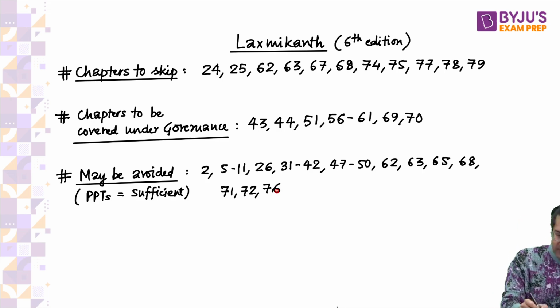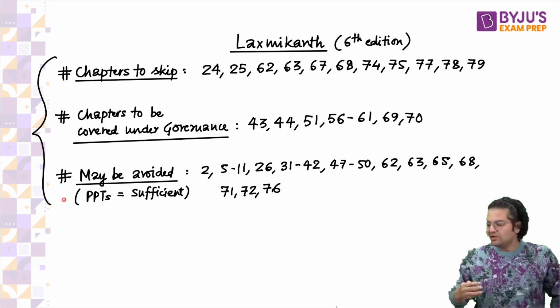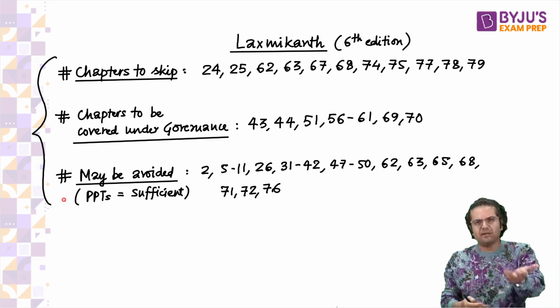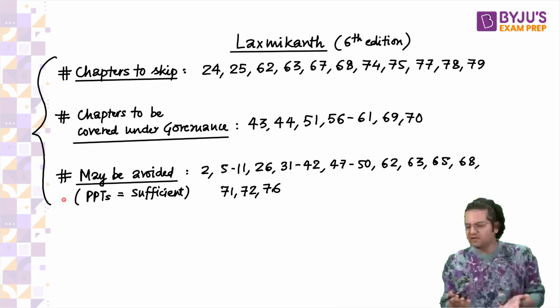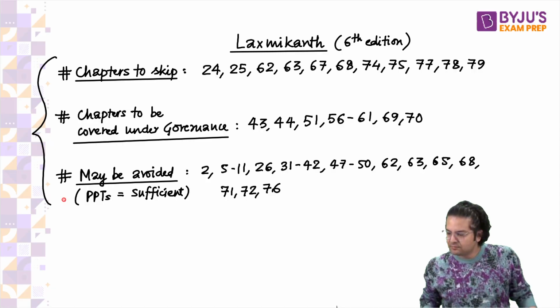Okay. So these chapters can be avoided from Lakshmikant because I feel that the PPTs are sufficient and in fact better, right? But just to sound modest, I am saying better. Are we clear?